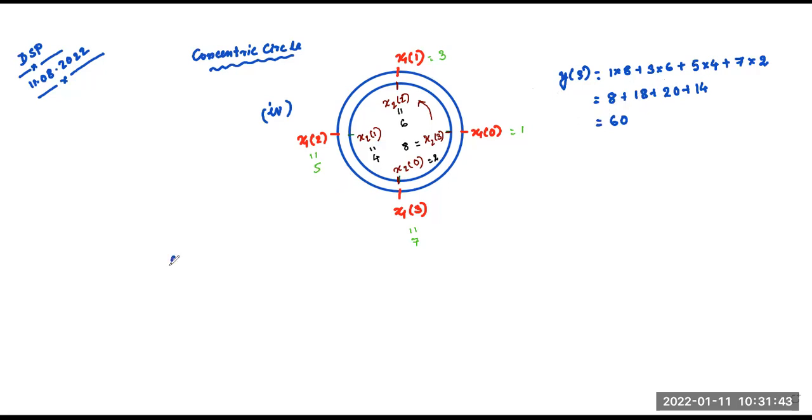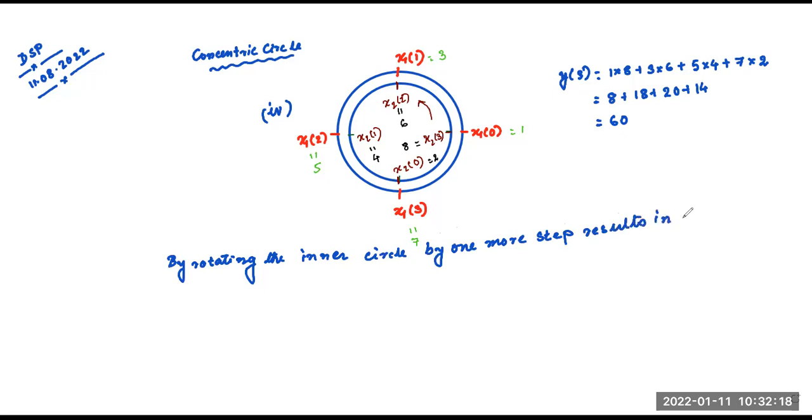Now there will be a note: rotating the inner circle by one more step results in the original or first data sequence.